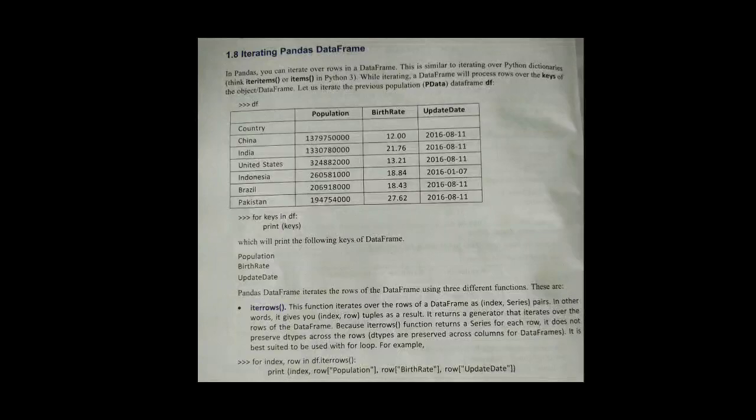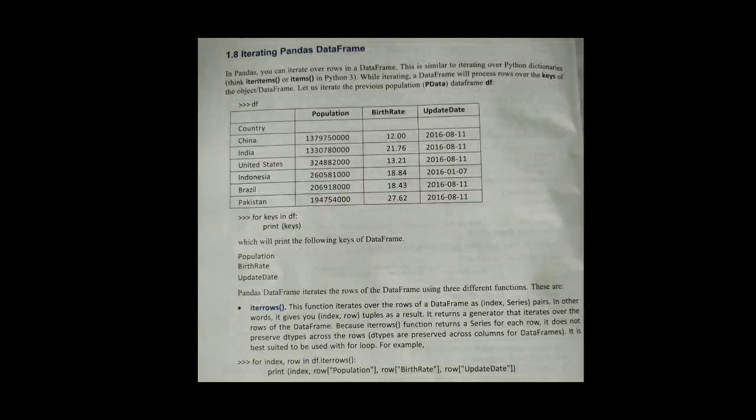So let us see. First we have printed the df which we used last time also. It has country, population, birth rate, and update, and contains information for China to Pakistan. Then there is a for loop, which we have seen in 11th class also: for i in range(1, 10, 1) will display numbers from 1 to 10.